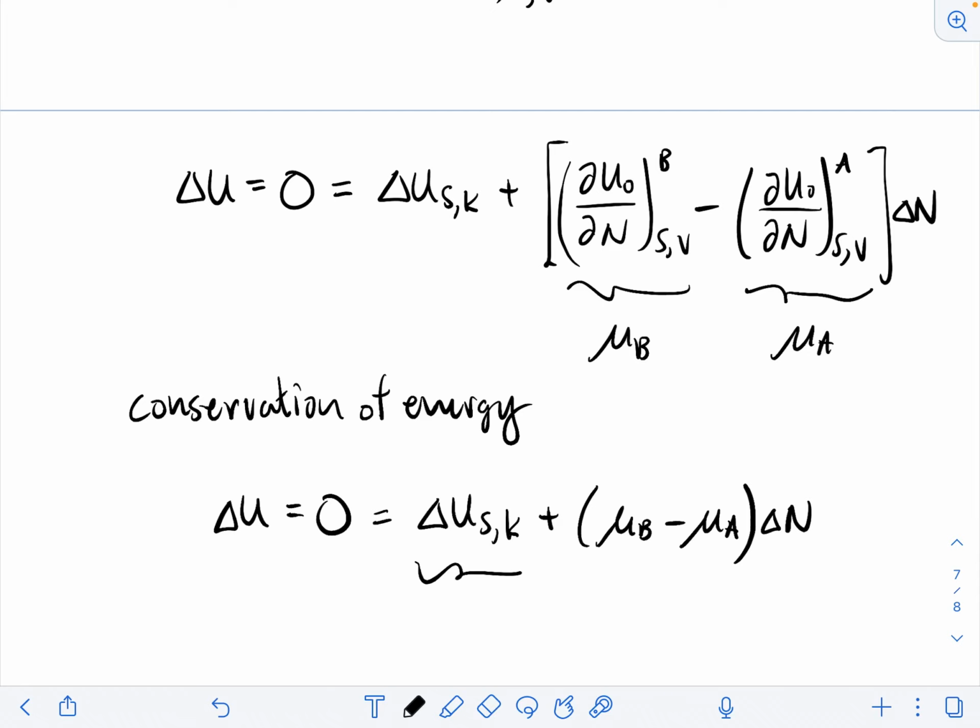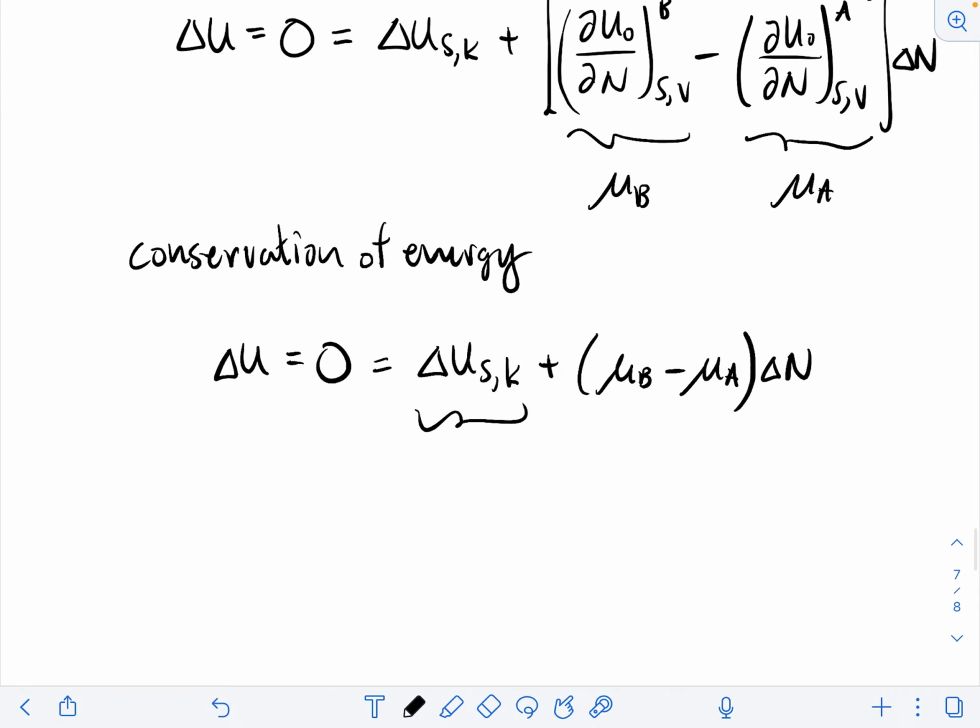And so if the total energy has a kinetic part, and so here's the change in kinetic energy, and a potential energy, then this must be the change in potential energy.